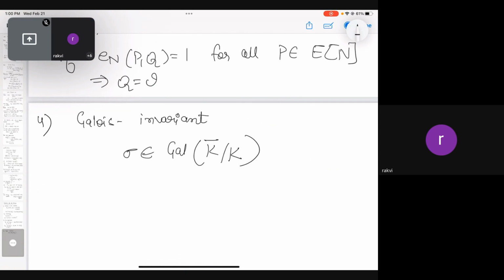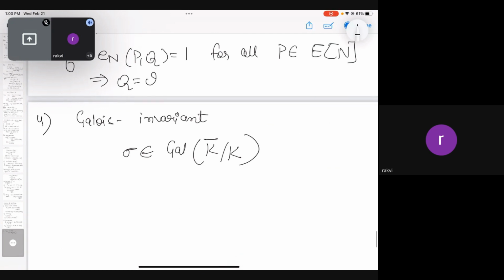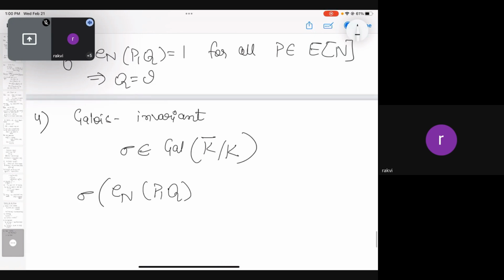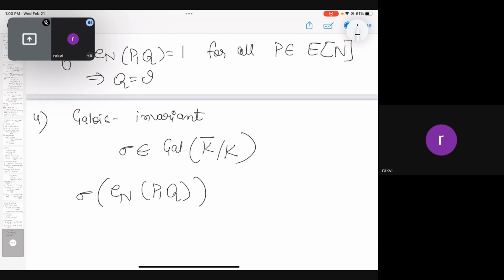So if I start with any automorphism sigma of k bar, and I act on En of p comma q, it's a root of unity, so I can act by sigma on it. It will be another root of unity. This is the same as doing En on sigma p and sigma q.